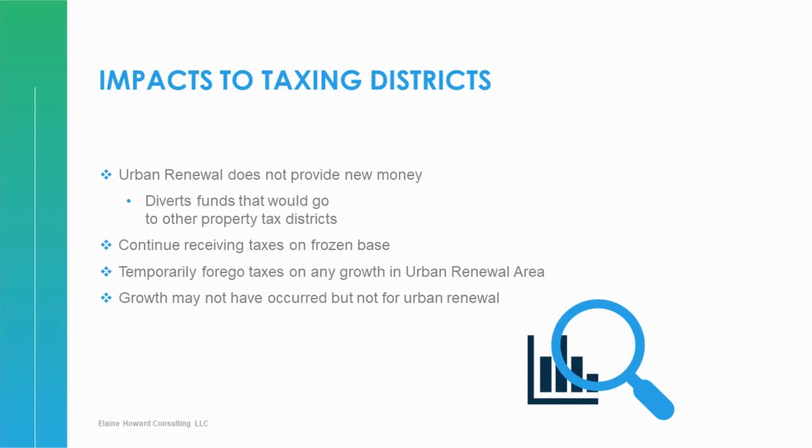To summarize, urban renewal division of taxes does not increase a citizen's property tax bill. It uses the increase in taxes from the time the urban renewal area is established to fund projects in an urban renewal area. While urban renewal areas do impact the taxing districts, no bonds or local option levies will be impacted by the proposed urban renewal plan.